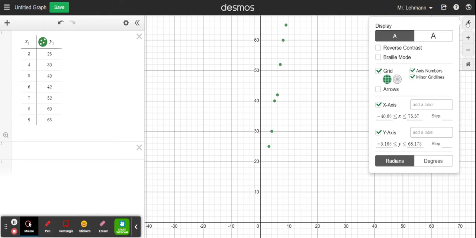So in Desmos, the graph settings are found underneath that little wrench in the corner. For the x-axis, I'm quickly looking at this and realizing that my largest x value is 10.